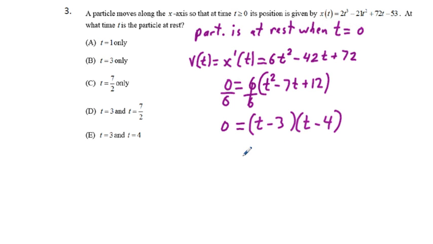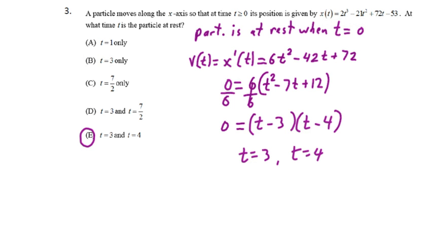And so solving, we're going to have t is equal to 3 and t is equal to 4. So our correct answer is E. Now, I've seen students get this wrong because sometimes they've taken the second derivative and set that second derivative equal to 0. I think that's how somebody got 7 halves. But anyway, this would be the correct way to do it, correct solution.